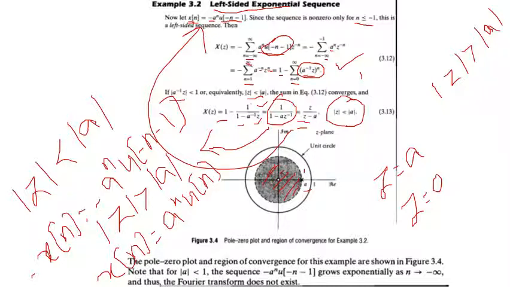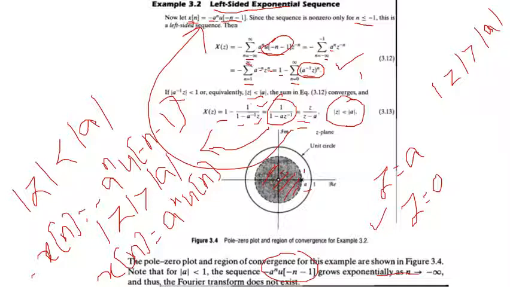The pole-zero plot and region of convergence for this example is shown in figure 3.4. As you can see, note that |a| is less than 1. You can see that the value of a is less than 1. This sequence grows exponentially as n approaches infinity, and thus the Fourier transform does not exist.